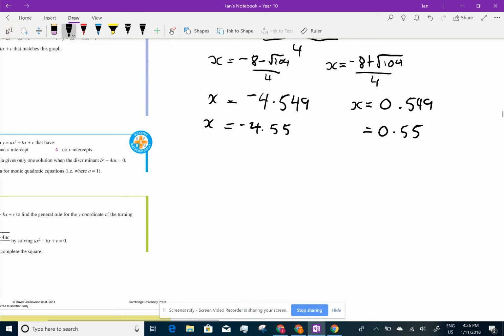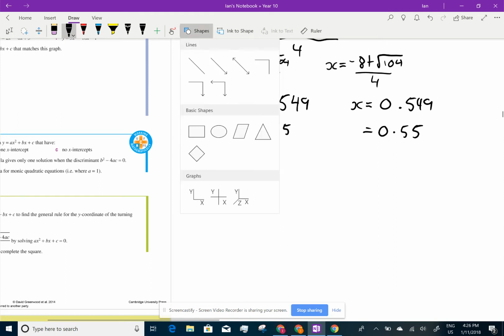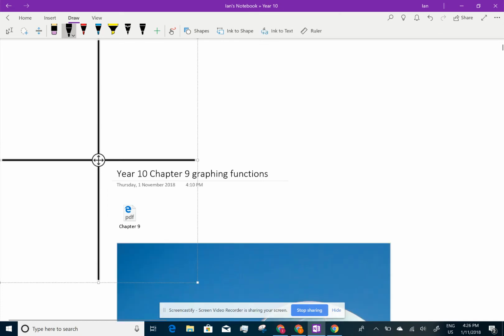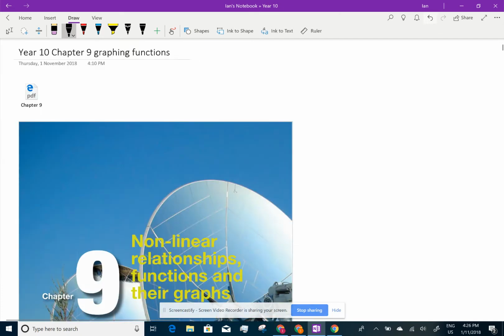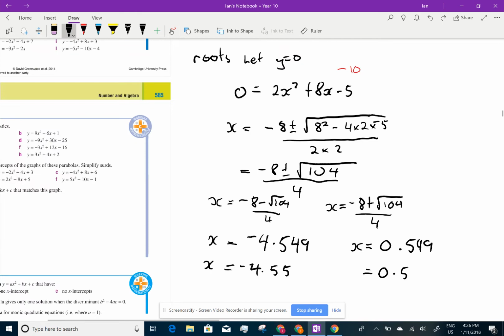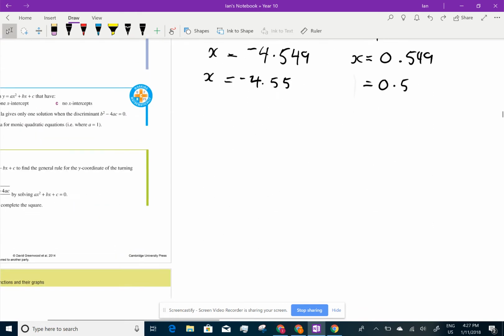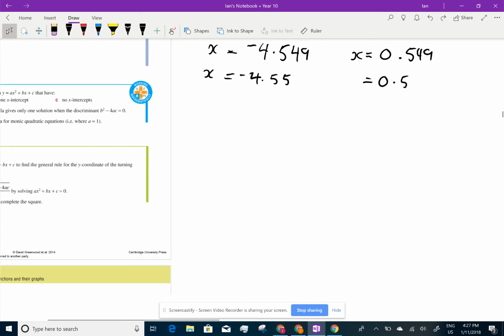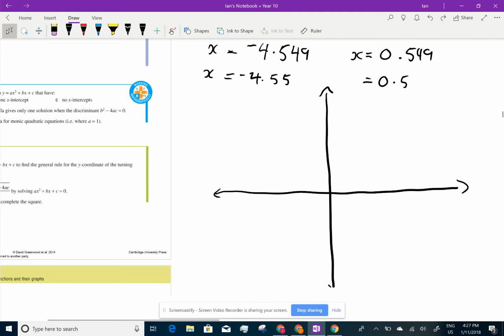I'm going to do a freehand one. I'm not that fussed as long as you're reasonably to scale.